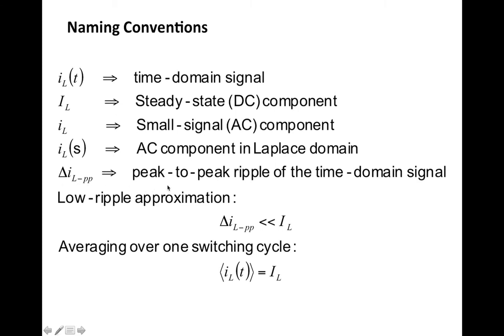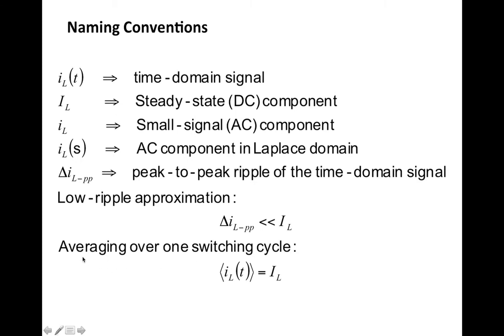Delta is used to denote peak-to-peak ripple of the time domain signal. Basically this parameter is the difference between maximum and minimum of the time domain signal. We use low ripple approximation to simplify our calculation throughout this example, which basically means that our peak-to-peak ripple is much lower than the average value of the same component, in this case inductor current.